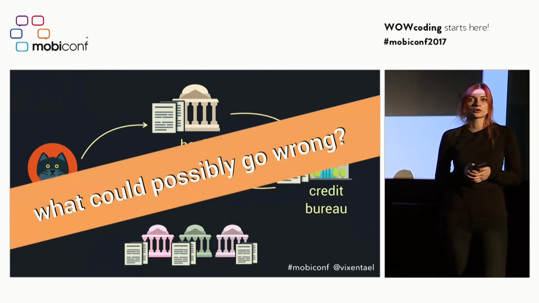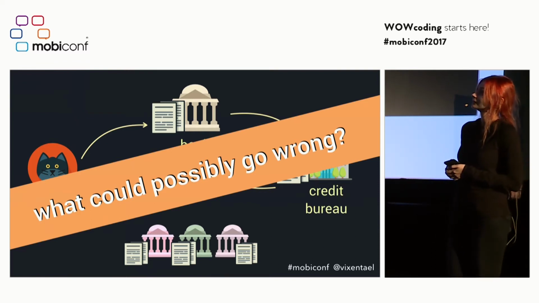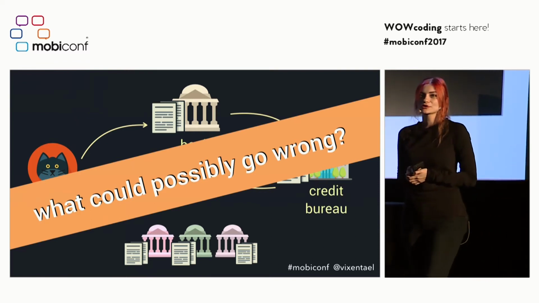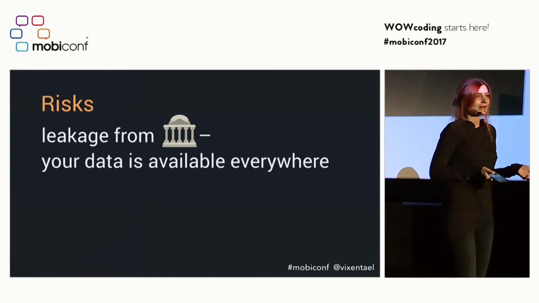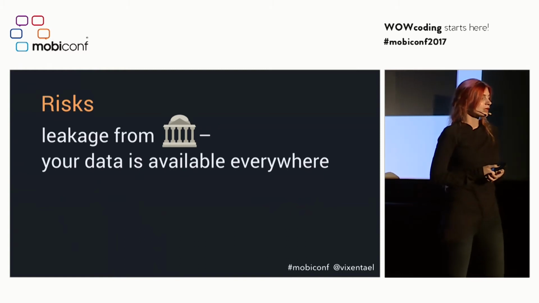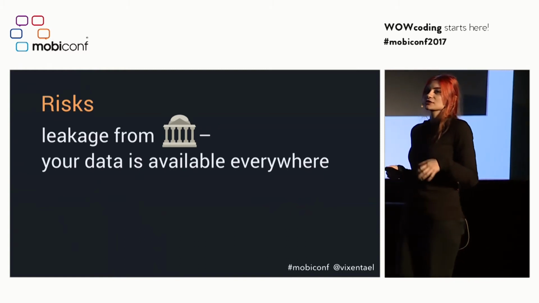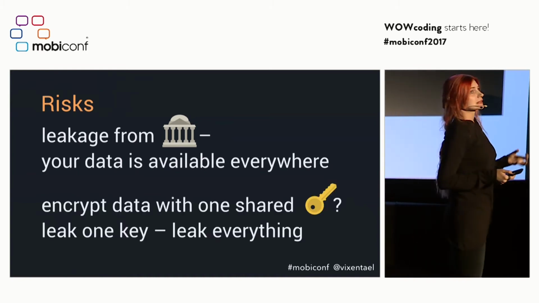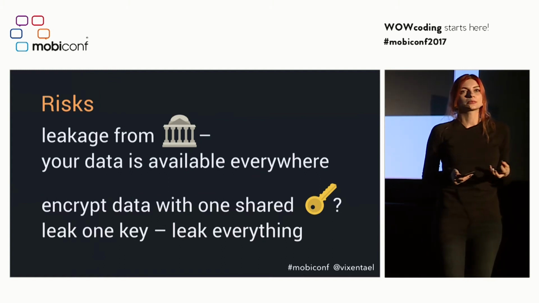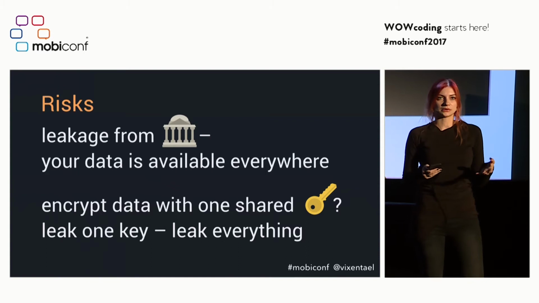What could possibly go wrong? No, really. You have Mr. Cat and his personal data circulated among all those authorities. Well, a lot of things could go wrong. First of all, when a bank is cracked, all personal data is leaked. Even if the personal data and credit history are encrypted, fortunately, credit history is encrypted.